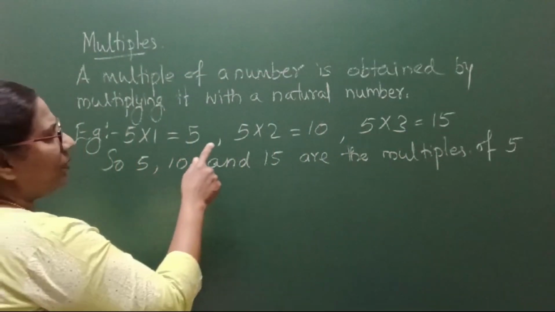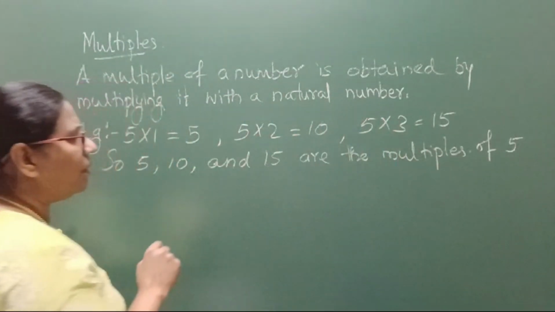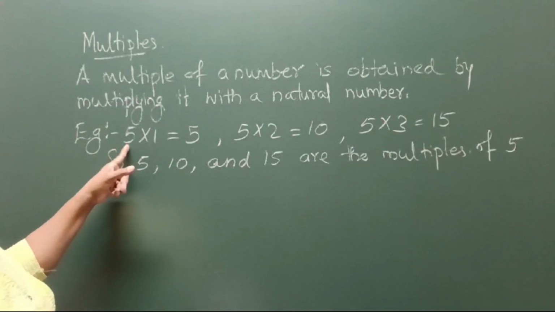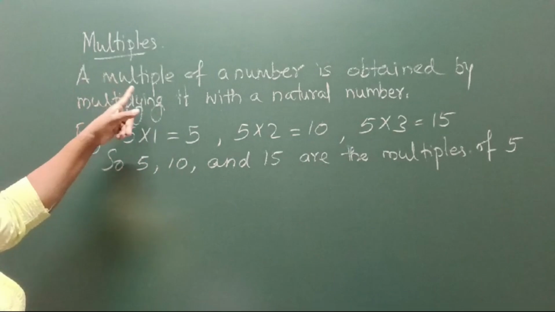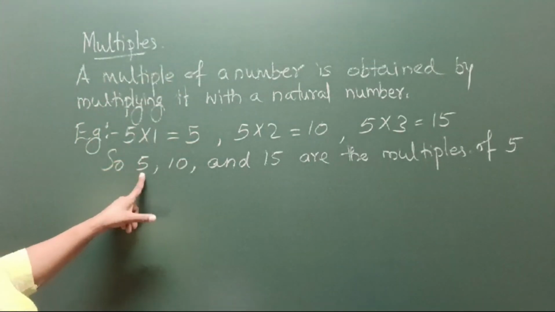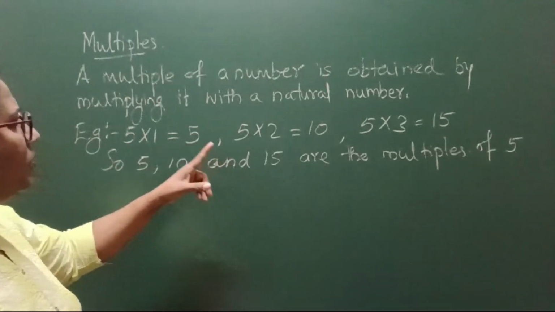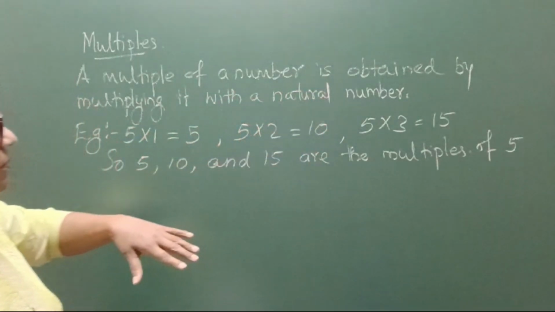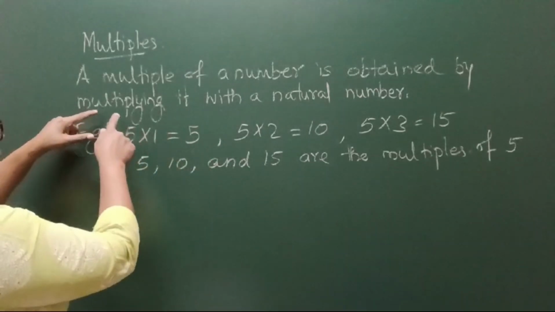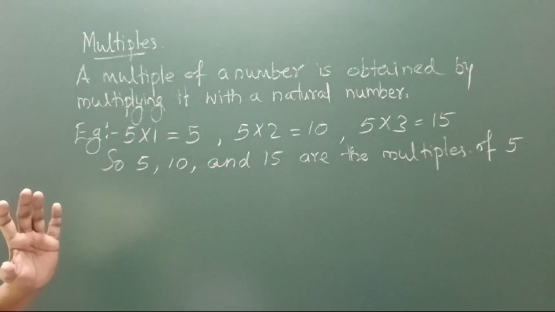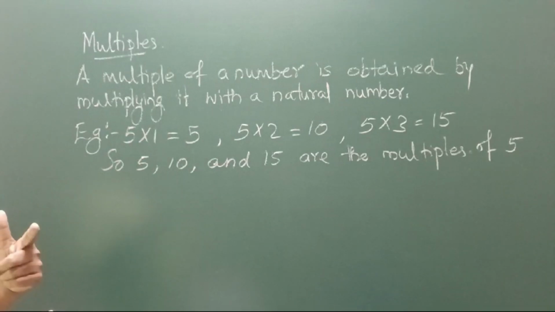Here 5, 10 and 15 are the multiples of 5. That is what it says here about a multiple of a number. So multiples of a number are obtained by multiplying it with a natural number.